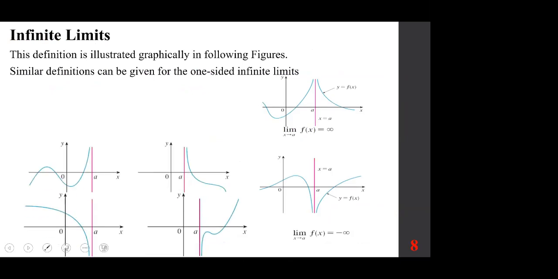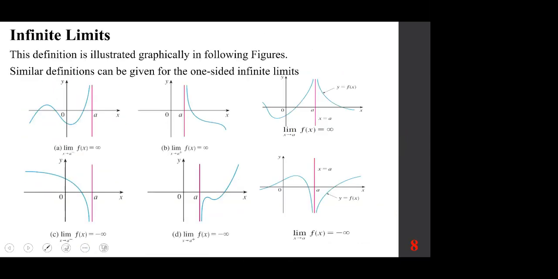All right. The infinite limits, just in short, I don't want to spend too much time on this. As you can see, x is approaching a. From the left, it goes to infinity. From the right, infinity. Both sides, infinity. This is from the left. This is from the right. And both sides, negative infinity.